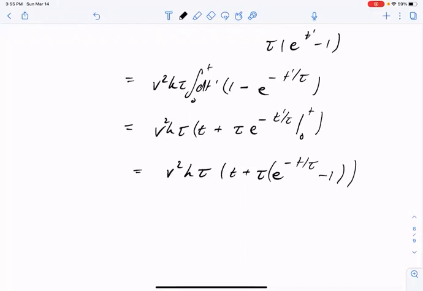So indeed, we find that as tau goes to 0, the mean work goes to 0, otherwise it scales like v squared.